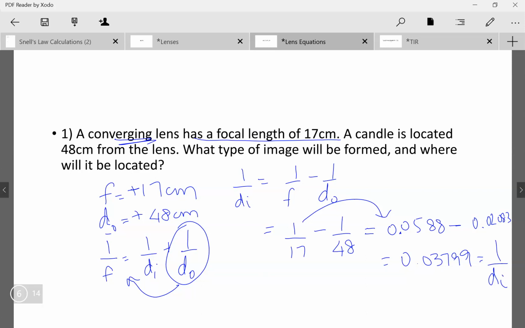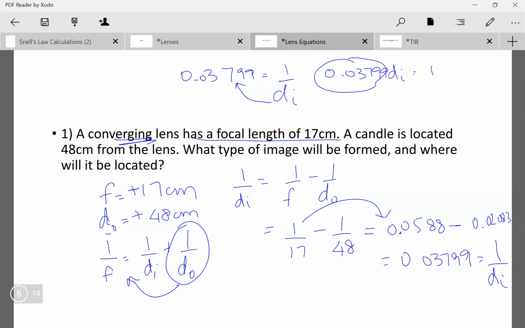To calculate DI, you can do it two ways. You can move DI up here, so 0.03799 DI equals 1, and then move this number down to the denominator, where you have DI equals 1 over 0.03799.